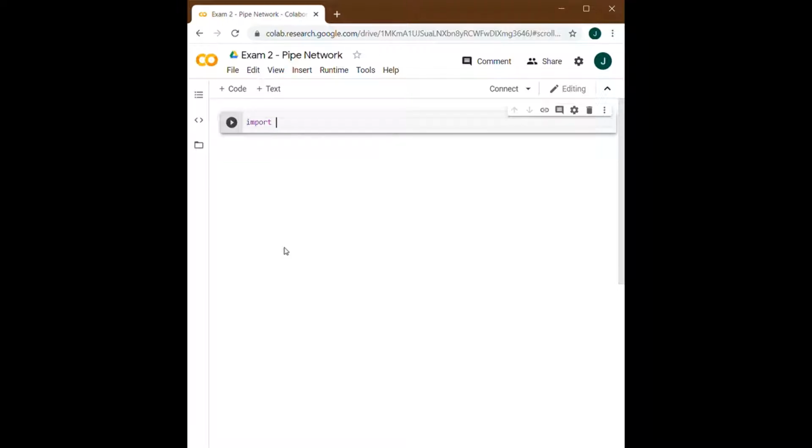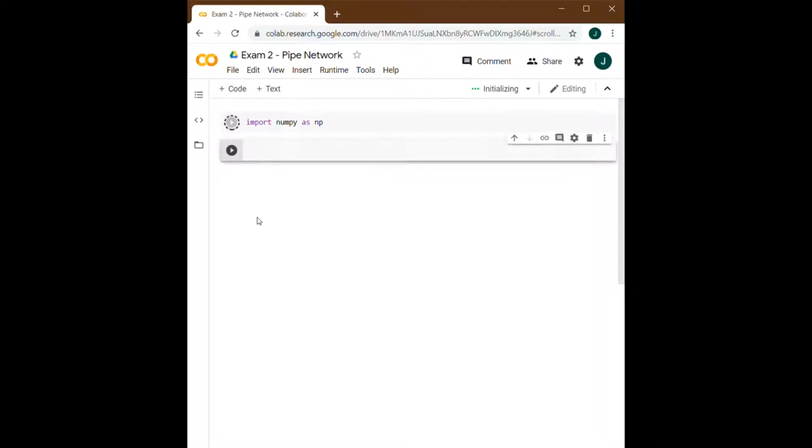So we're going to import NumPy, which is the Python program that we use to essentially do math and run other functions like arrays, which will be very useful. Once you run that, we can then define our first function.